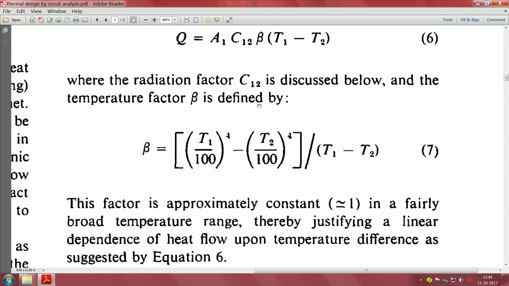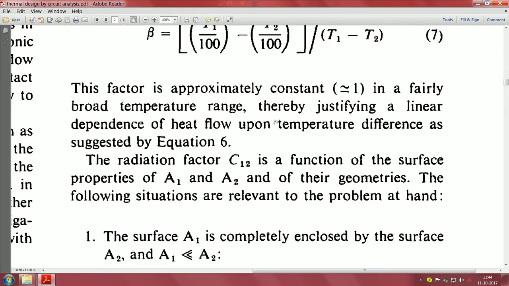If you take these various temperatures, it is approximately constant in a broad temperature range, thereby justifying a linear dependence of heat flow upon temperature difference as suggested by the earlier equation.